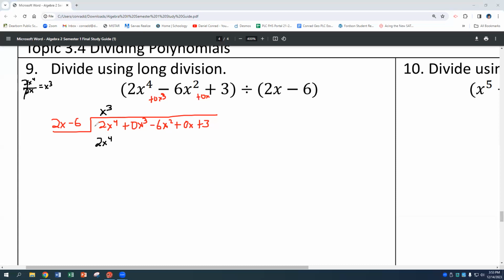And then x to the third times negative 6 is going to give me negative 6x to the third. That's why we want to have 0x to the third, so we have a placeholder. We're subtracting, so we need to switch the signs. So this becomes negative, this becomes positive, that cancels. So we're left with 6x to the third minus 6x squared plus 0x plus 3.